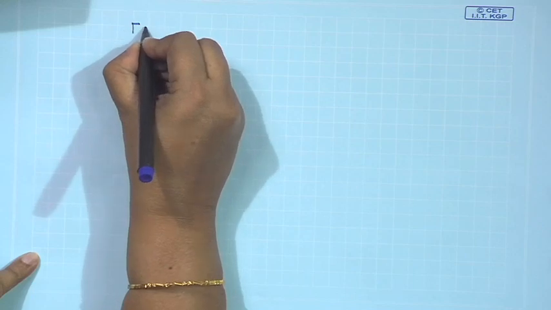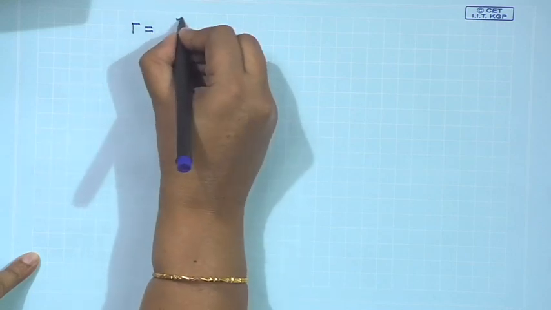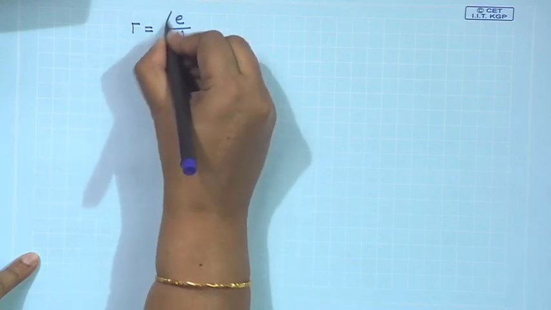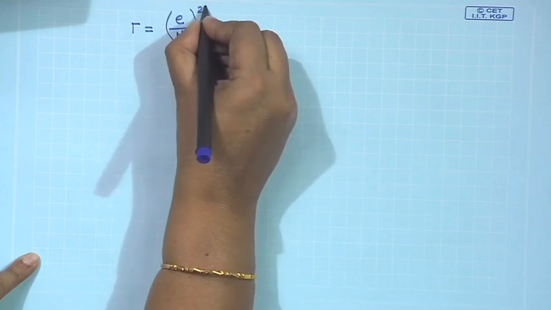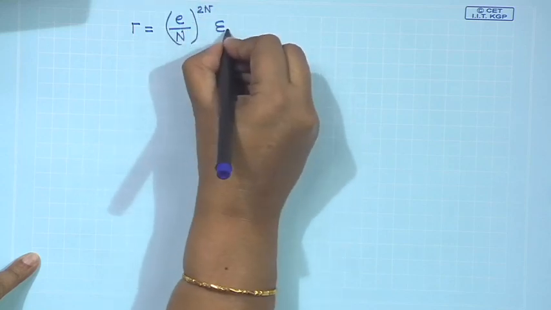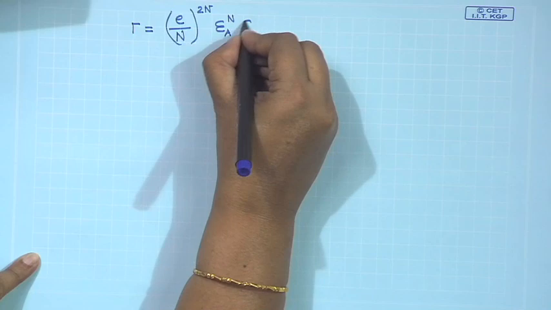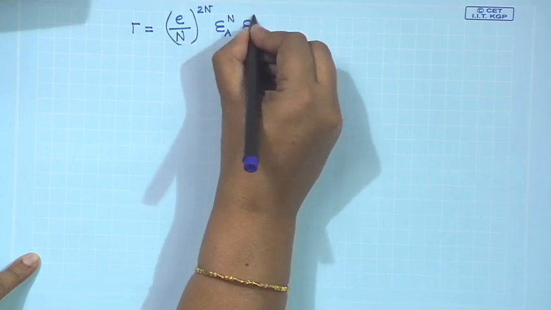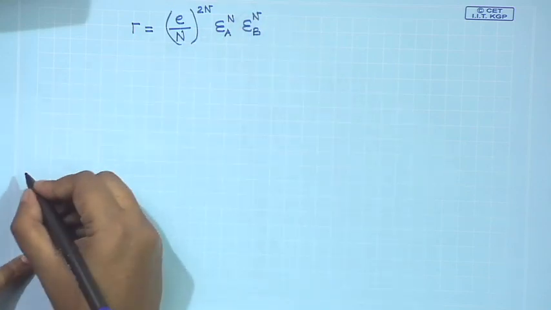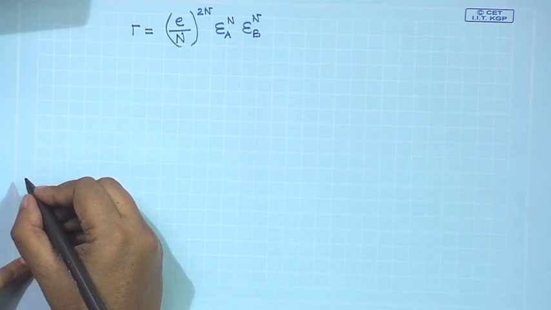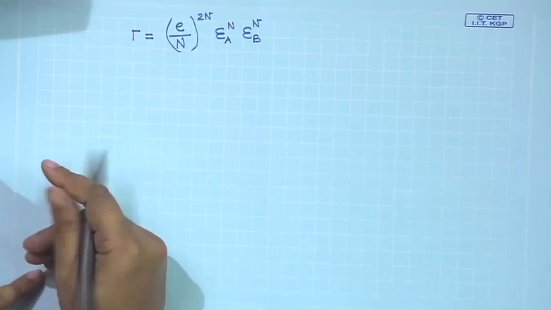So, we have already discussed that gamma is equal to (E by n) to the power of 2n, times epsilon a to the power of n and epsilon b to the power of n. And this is valid for capital N as a very large number, and n by epsilon in every subsystem is much greater than 1.